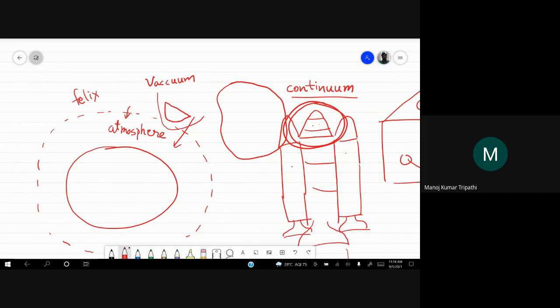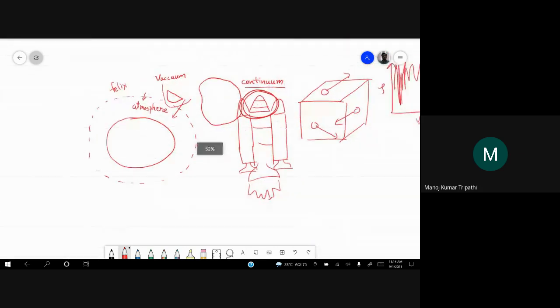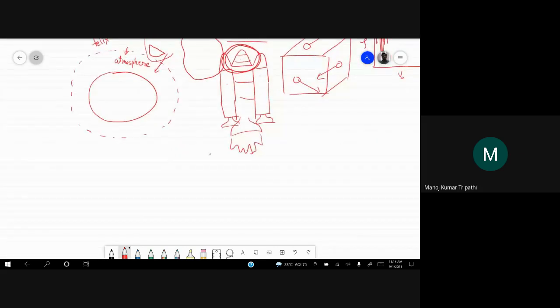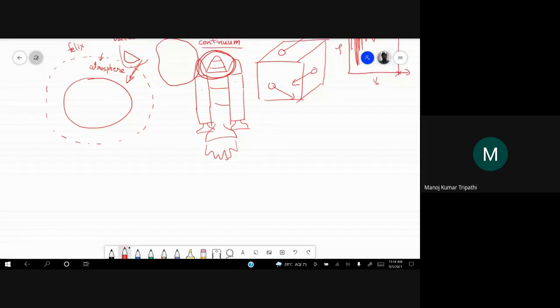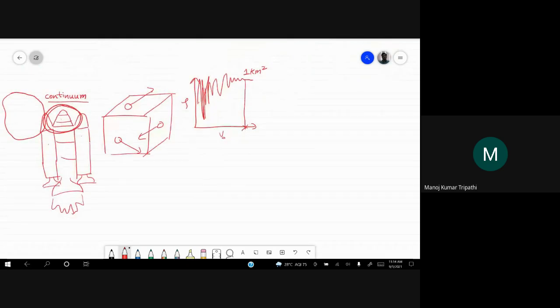So you cannot apply the continuum assumption. You cannot assume the air to be continuous medium in this region of space. Okay. But as it comes towards the earth, as the air gets denser and denser, this limit may be 1 cubic meter or 1 cubic centimeter, and then ultimately 1 cubic millimeter or micrometer. Oh, sorry, this is cube because we are talking about volume.